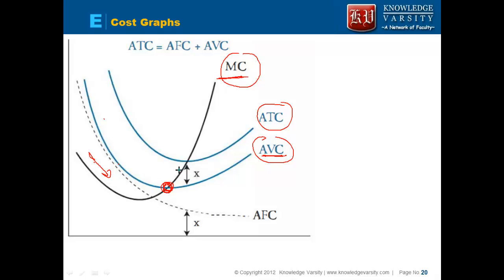Similarly, the concept is related with marginal cost and average total cost: as long as the marginal cost is below the average total cost, your average total cost will reduce, but beyond this point it will increase. So these are the points where your average variable cost and your average total cost are minimum. This is the minima of this, this is the minima of this.